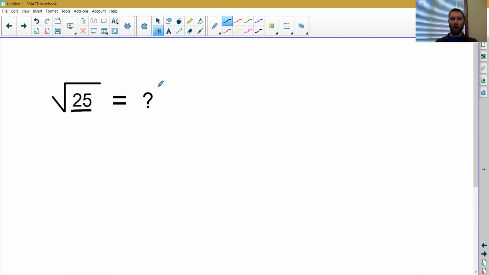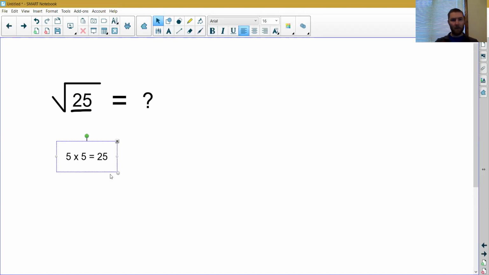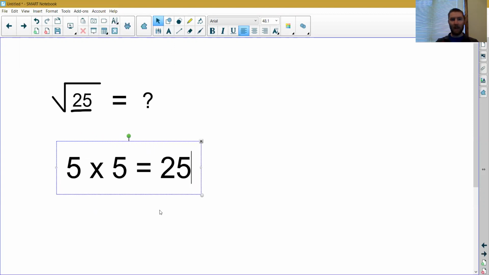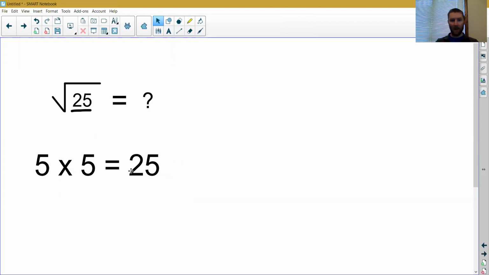Now we've already talked about the square root of 25 being 5, which is true, right? Because 5 times 5 equals 25. So the square root of 25 absolutely is 5, because when I multiply 5 by itself, I get 25. So 5 is absolutely a square root of 25.